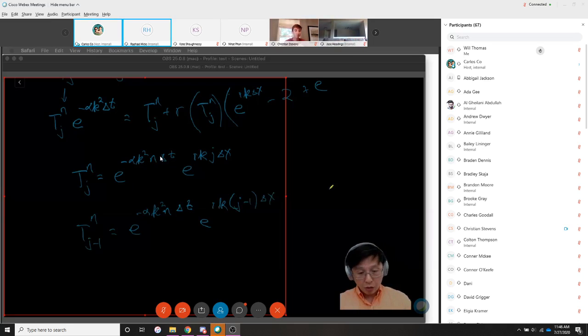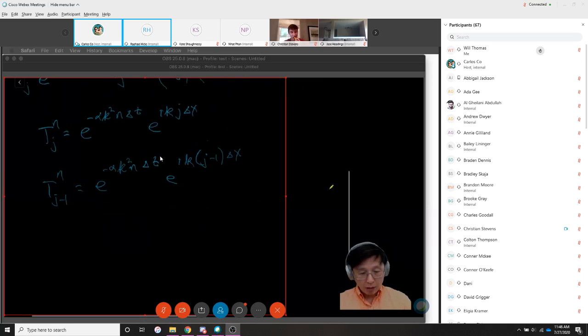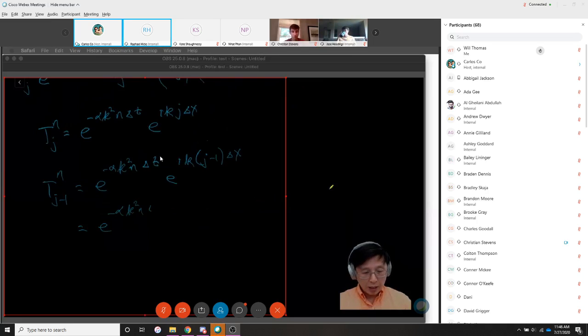And so if you look at that, you notice that this is minus alpha k squared n delta t exponential I k j. And remember, if you're adding and subtracting exponentials, that's the same as multiplying. I k delta x negative. If you multiply exponentials, you're adding their powers. So I think this might be the key step.